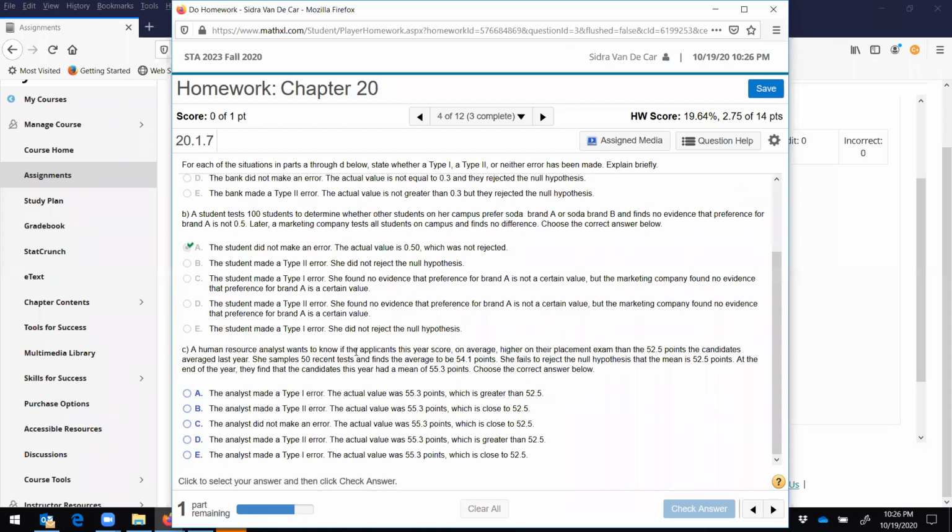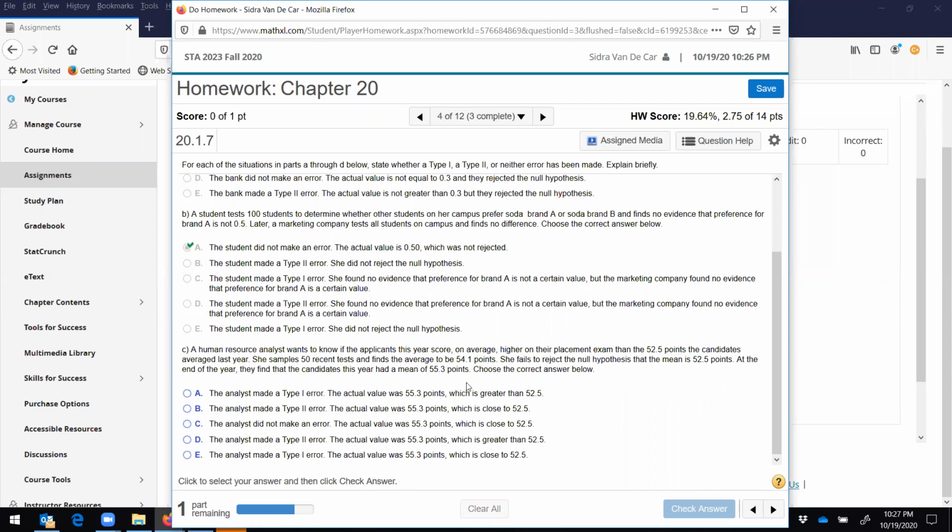A human resource analyst wants to know if the applicants this year score on average higher on their placement exam than the 52.5 points the candidates averaged last year. She samples 50 recent tests and finds the average to be 54.1 points. She fails to reject the null that the mean is 52.5. At the end of the year, they found that the candidates had a mean of 55.3.